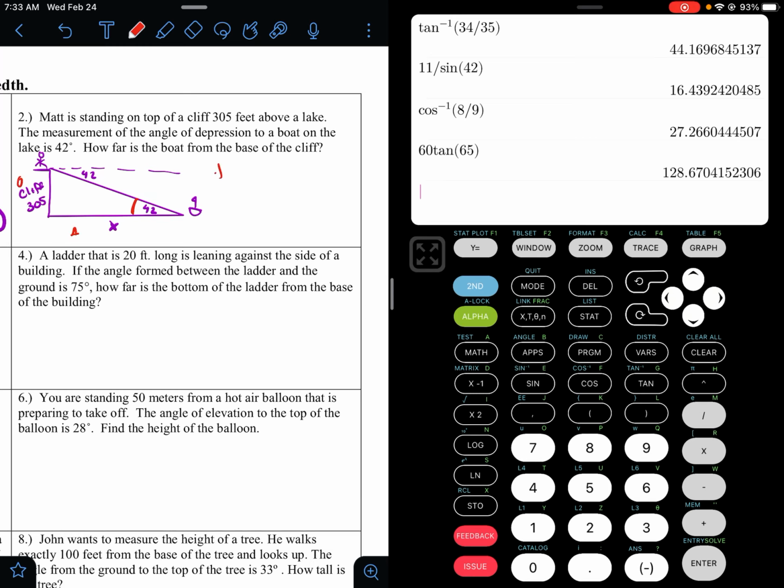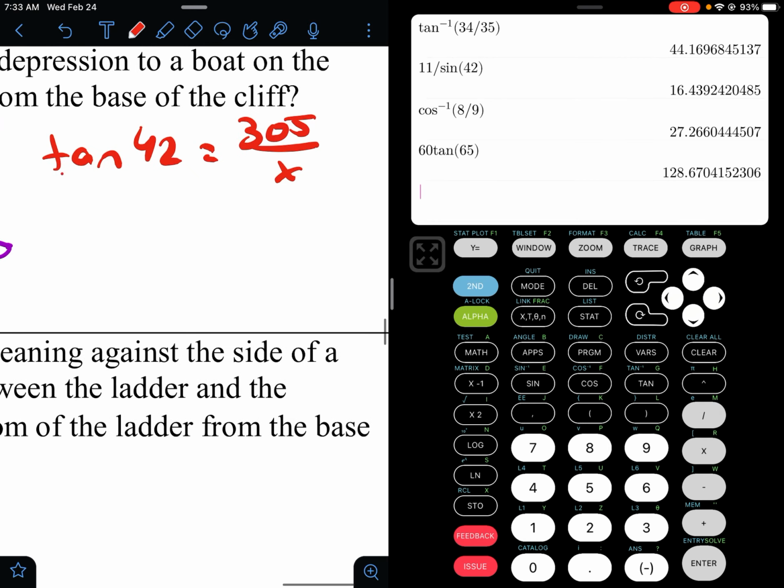We're going to use tangent again. So tangent of 42 equals the opposite, which is 305, over the adjacent, which is x. So we'll cross multiply, and we get x tangent of 42 equals 305. Then we divide by tangent of 42.